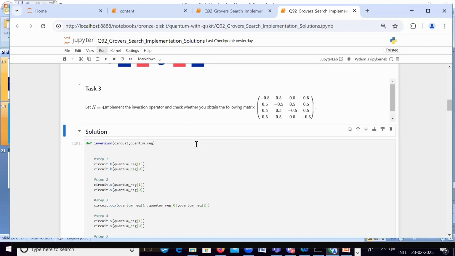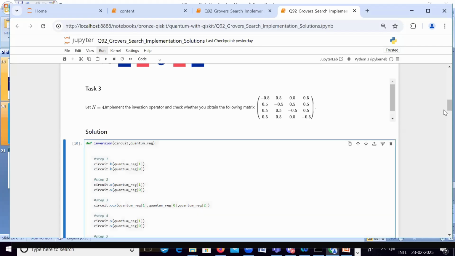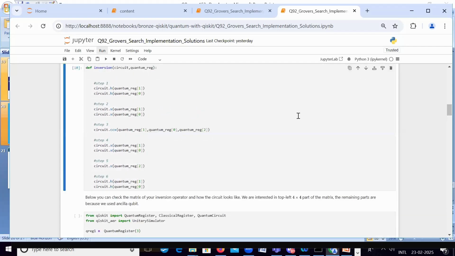The similar one we used earlier is a combination of the unitary oracle functions and then the initial inversion functions. Let's check here by applying this one.